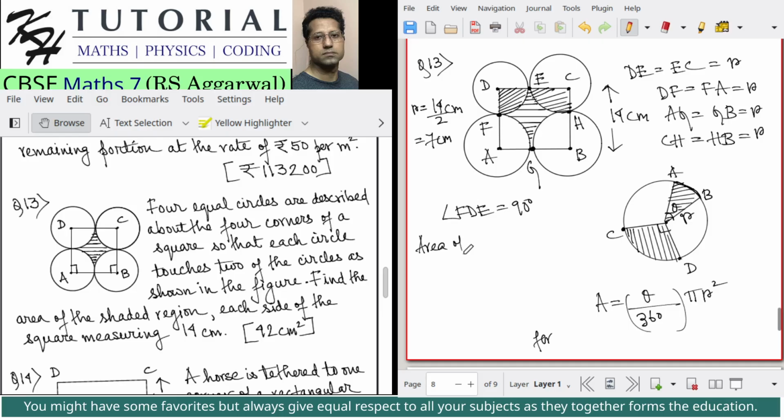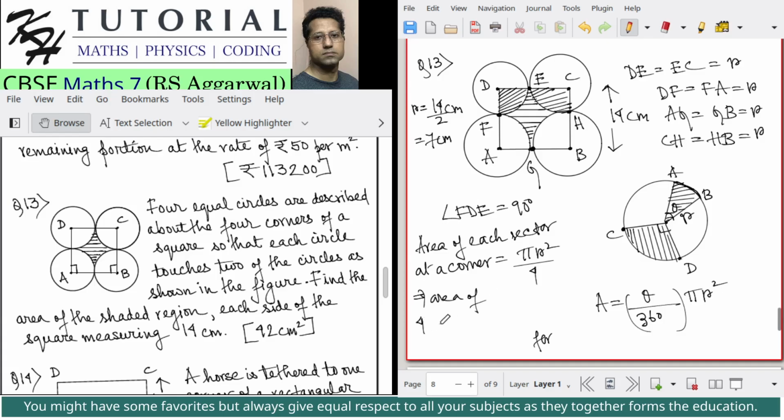So the area of each sector at a corner is equal to pi r squared by 4, where r is the radius of all the circles at all the four corners.